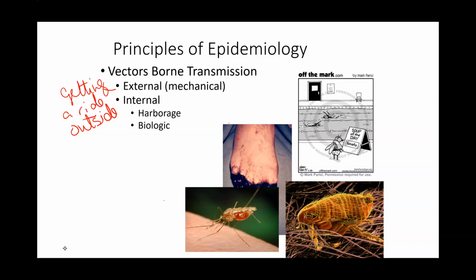The mosquito Anopheles, the genus Anopheles, carries the protozoan Plasmodium, and the Plasmodium have their sexual life cycle inside of the mosquito. And I'm just going to write over here, harborage, okay?